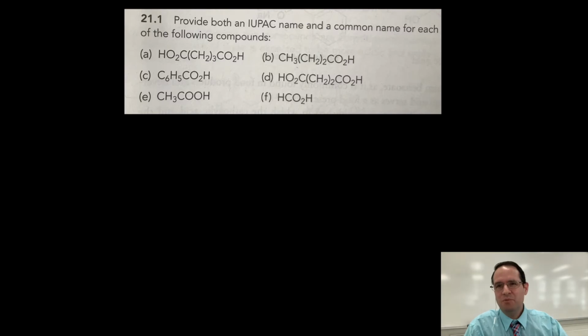Let's do a practice problem here. Okay, so this is problem 21.1, and we just need to name it. My questions will always just ask students to provide an acceptable name. If they do it with IUPAC, great. If they're a biology student or really going on to medical school and they memorized all of the biological names for these, that would be fine too. So just provide a name.